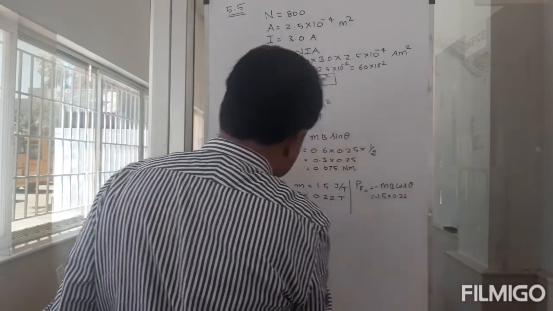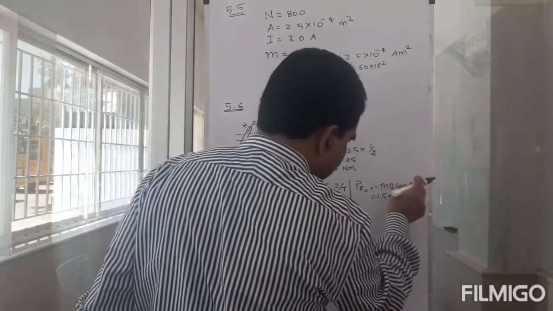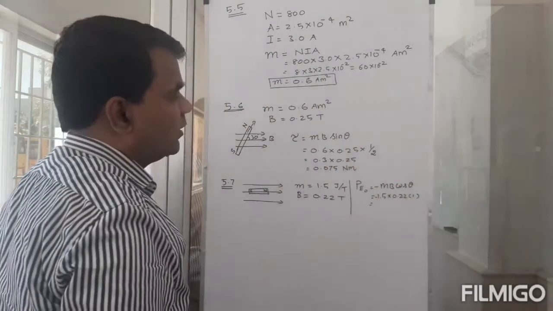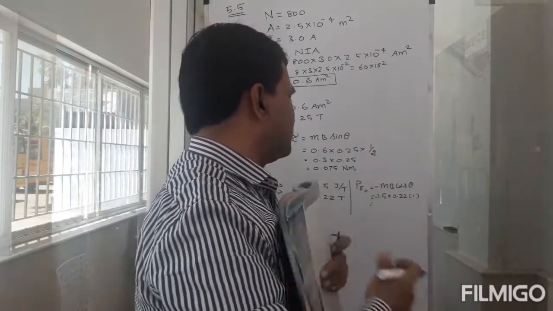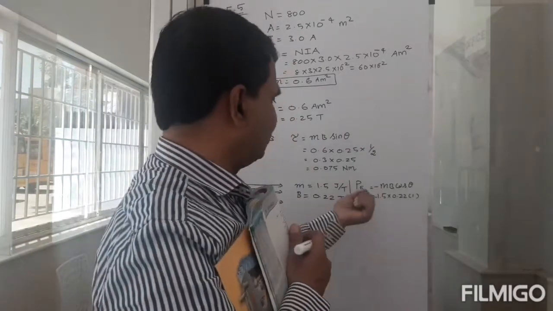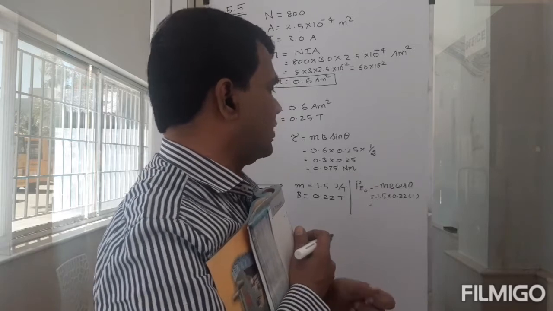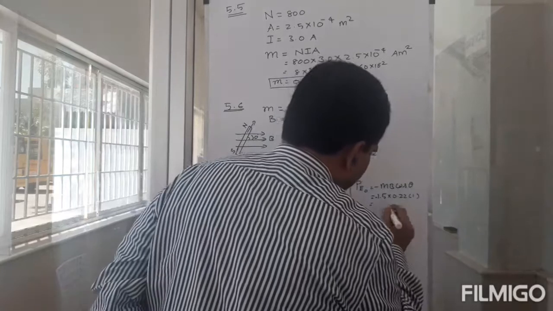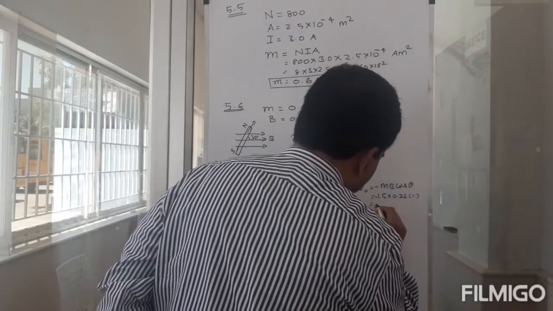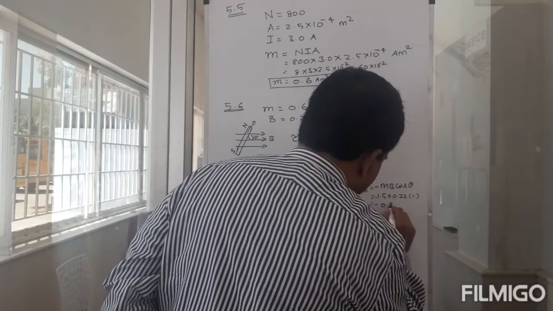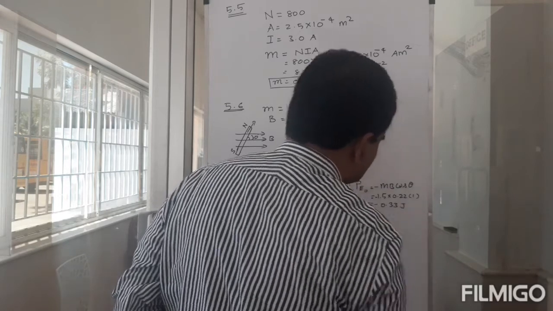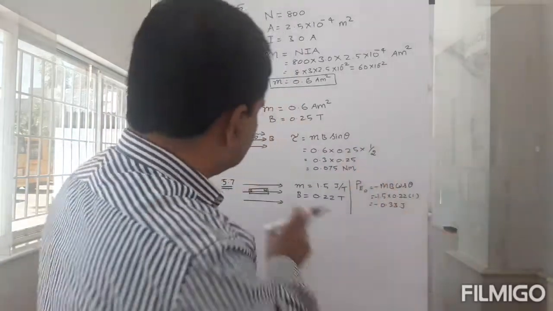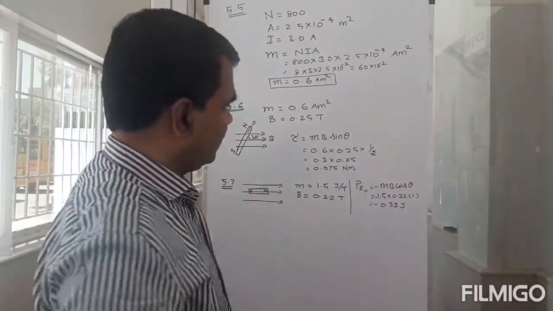Then cos theta, since it is aligned, theta is 0, so that's going to be 1. So this will give you 0.33, minus 0.33 joules. So that is the potential energy at this position.